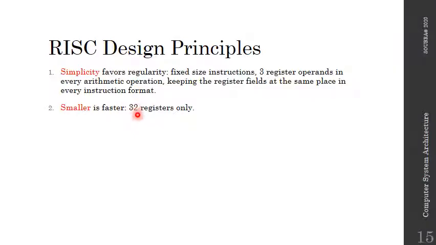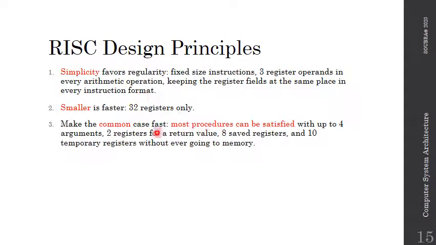Because if I want to reach something, well, I have to reach one of those 32 registers. If I had 10,000 registers, it would take me more time to reach the register number 10,000, for instance. Fair enough? And another very important philosophy here is to make the common case fast.